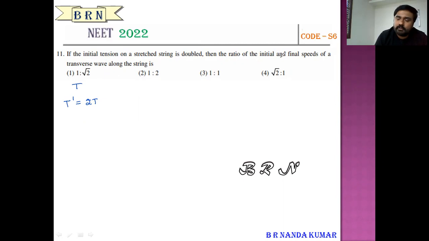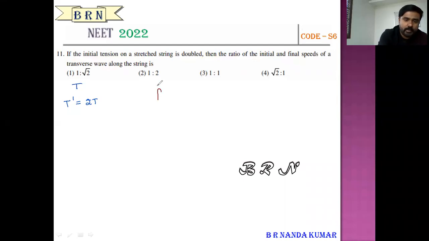Then the ratio of initial and final speeds of a transverse wave along the string is. Here we must know the formula for the speed of a wave along a stretched string. That is very simple.